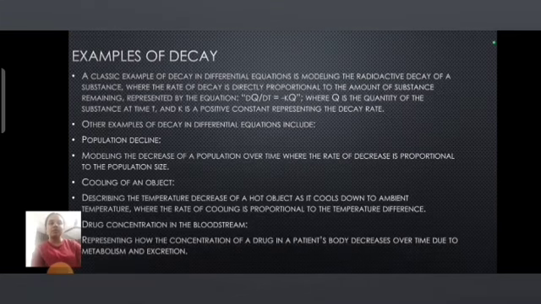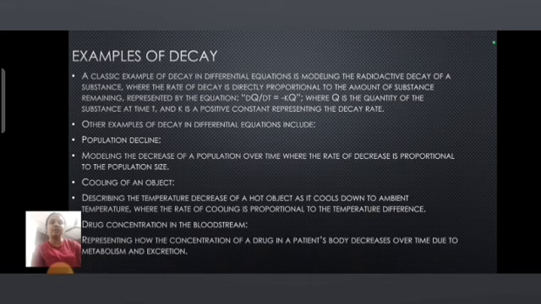Examples of decay. A classic example of decay in differential equations is modeling the radioactive decay of a substance, where the rate of decay is directly proportional to the amount of substance remaining, represented by the equation dq by dt is equal to minus kq, where q is the quantity of the substance at time t and k is a positive constant representing the decay rate.